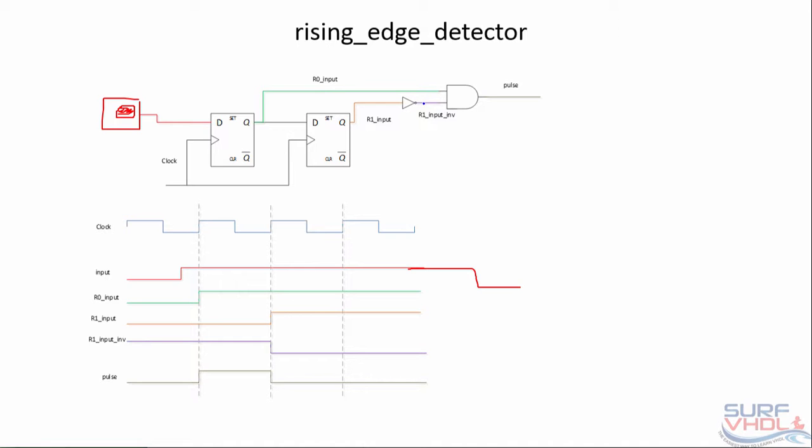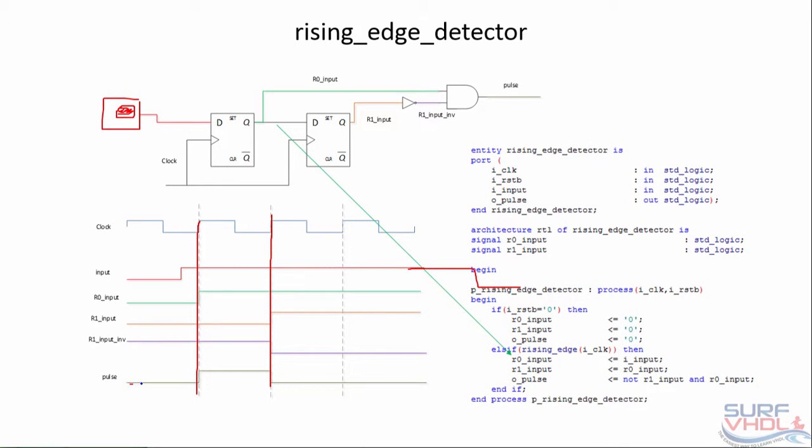The output of the inverter is this one. So the pulse is 1 when this signal and this signal are high. So in this range we generate a pulse.